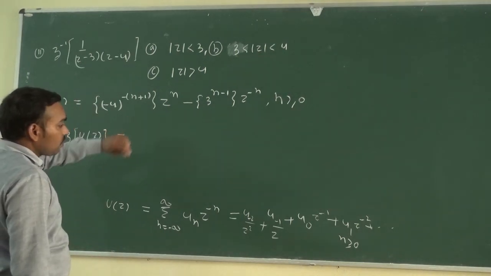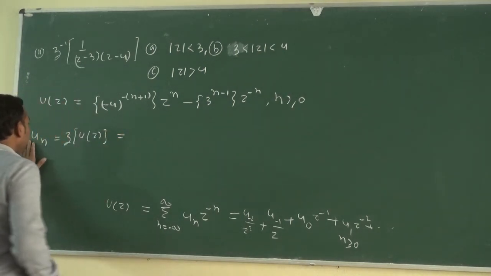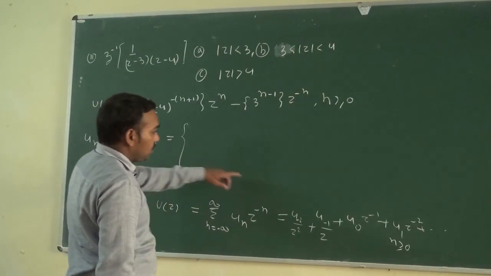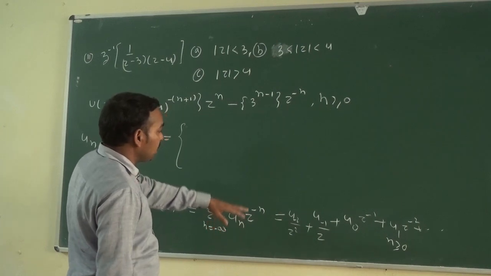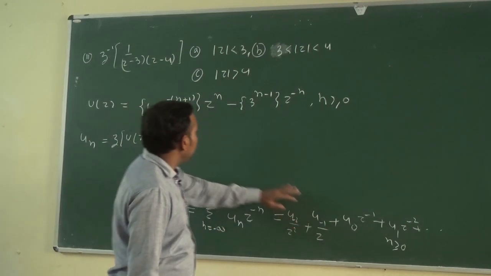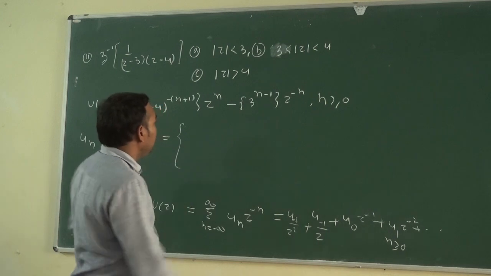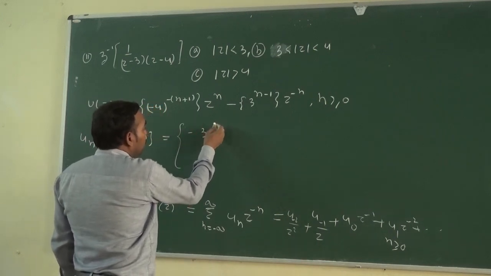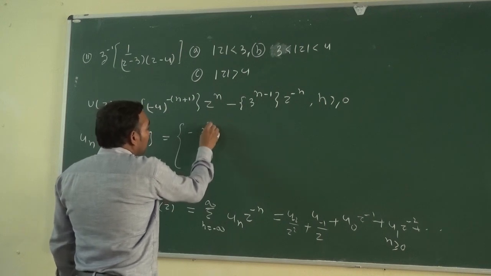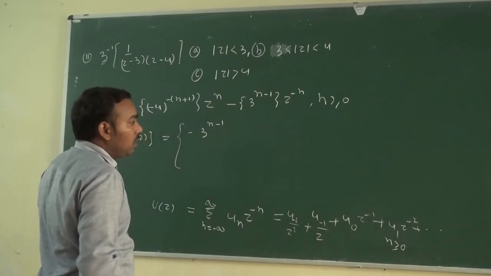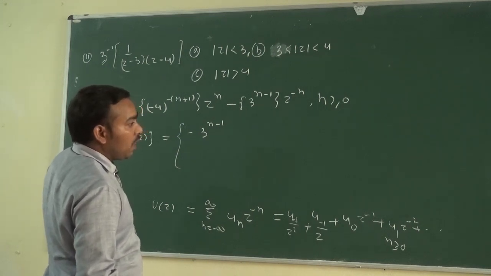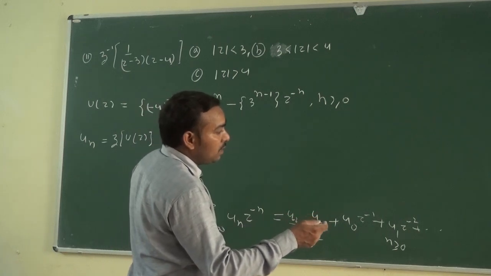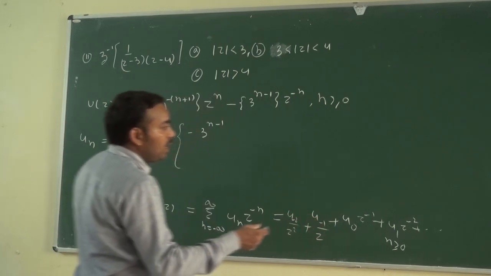So this series u n can be written simply as, for n greater than 0, minus 3 to the power n minus 1, where n is replaced by n minus 1.